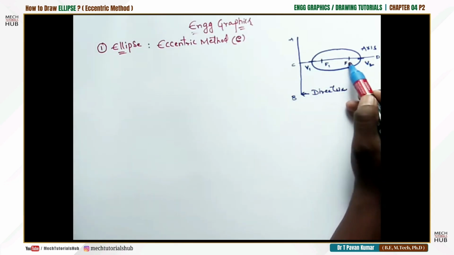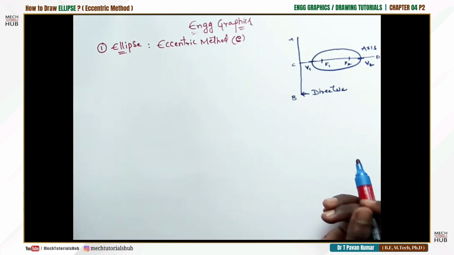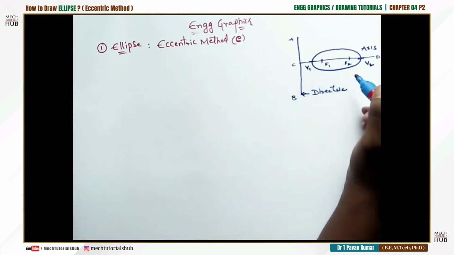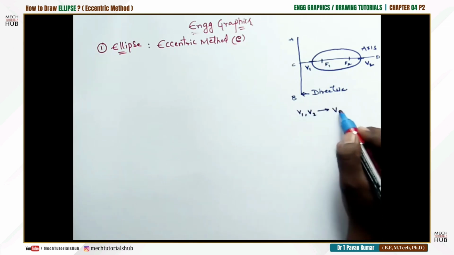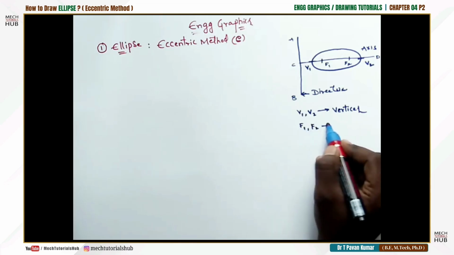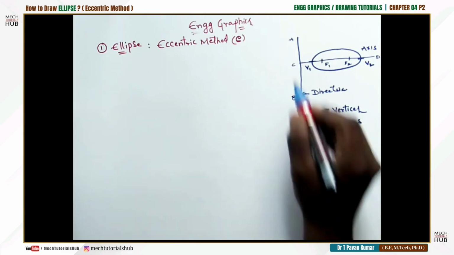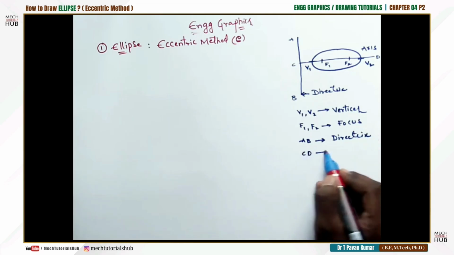We'll see what F1 and F2 are in the actual practice of an ellipse by the eccentric method. This is the basic terminology: V1, V2 are vertices, and F1, F2 are focus points. Let us consider AB as the directrix and CD as the axis.